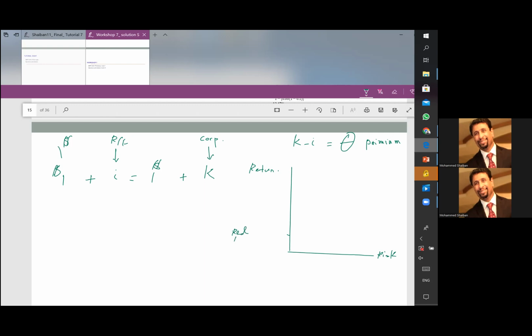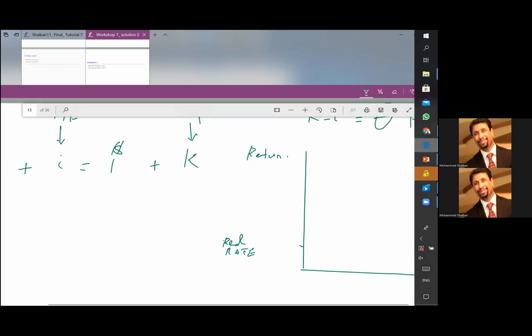This is in the structure of the interest rate, and something also for inflation. So this here, inflation premium. And this is the risk-free.